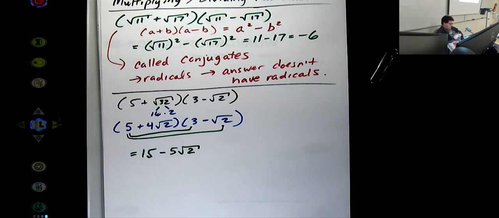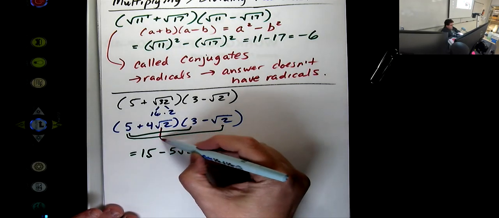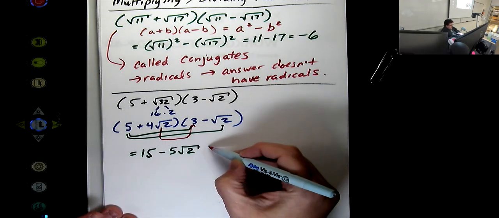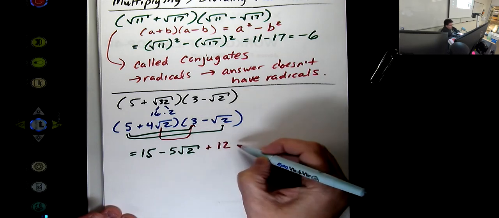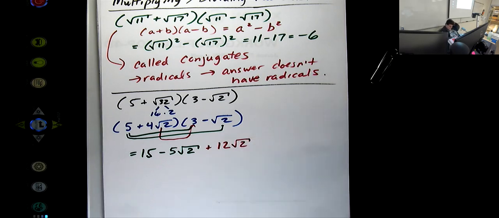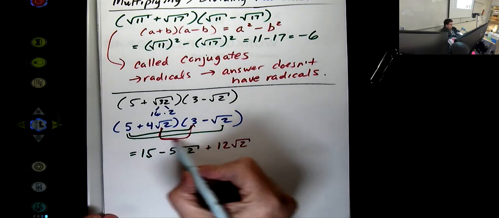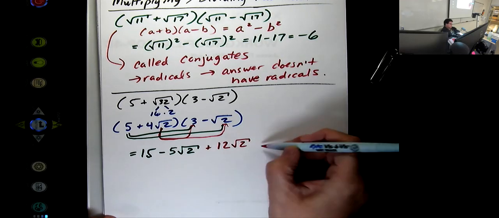Then we'll start distributing the 4 root 2. 4 root 2 times 3 is, we do the 4 times 3 is 12. The root 2 doesn't have anything touching it. Finally, we do the last one. We've got 4 root 2 times negative root 2.